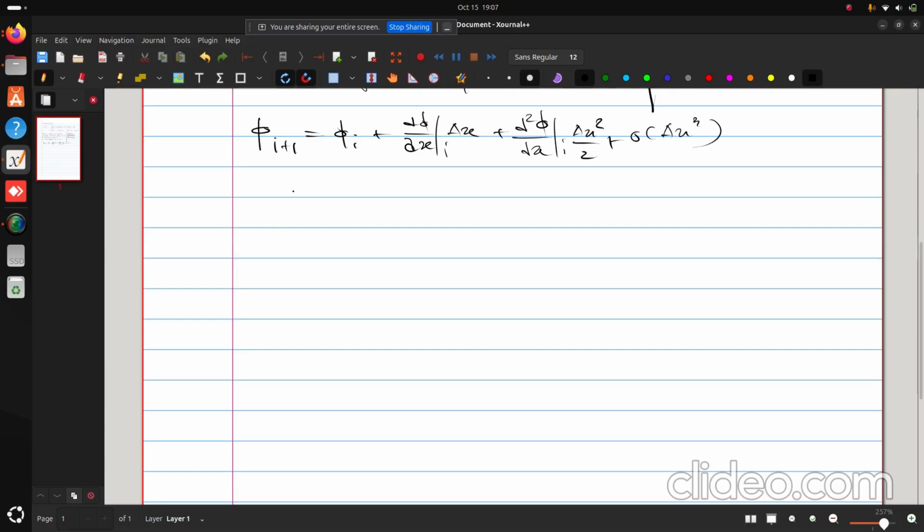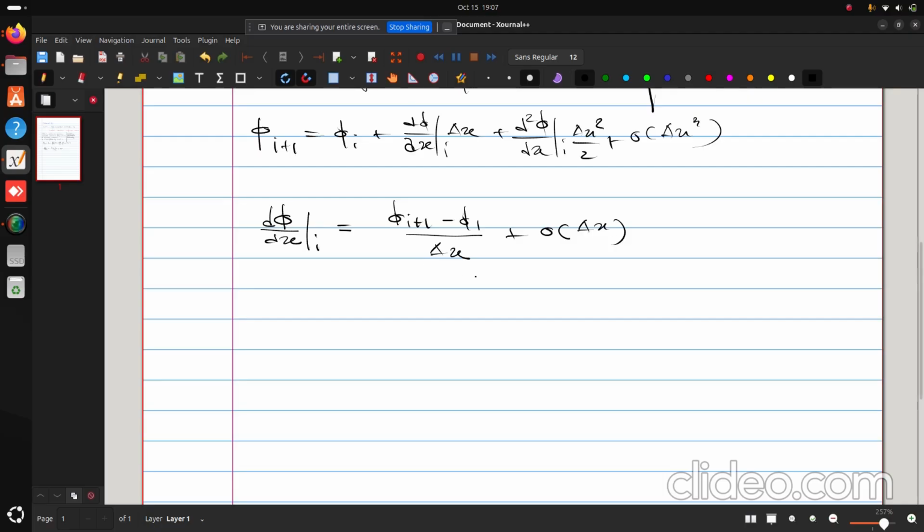And if we do a simple manipulation, we will have d phi by dx at point i is nothing but phi i plus 1 minus phi i divided by delta x, plus order of delta x, right.